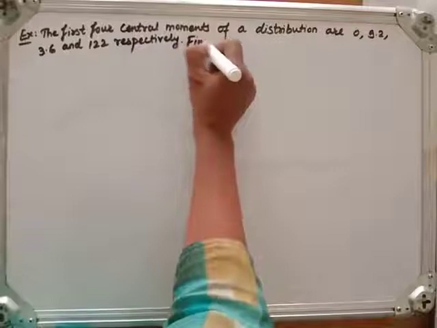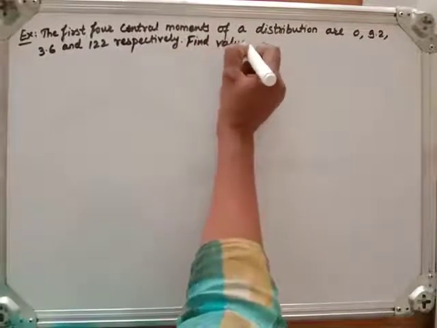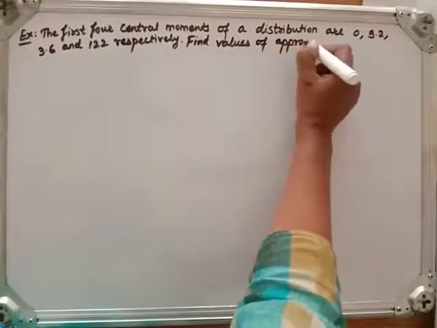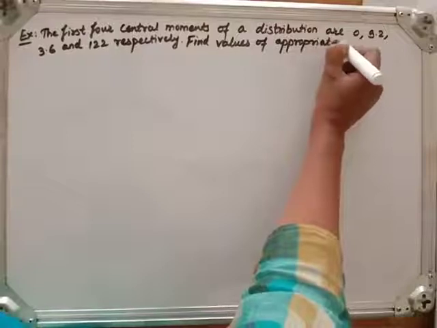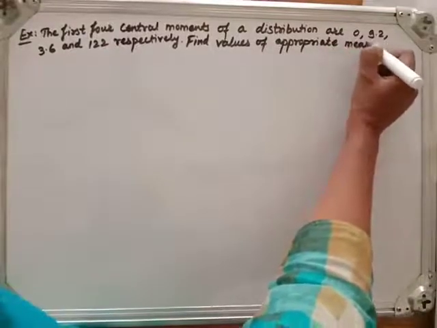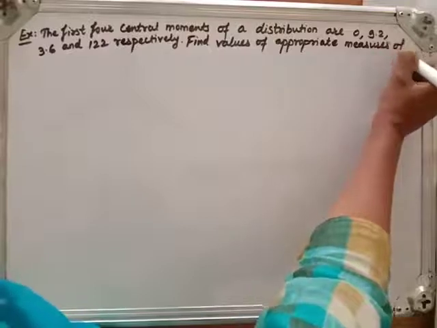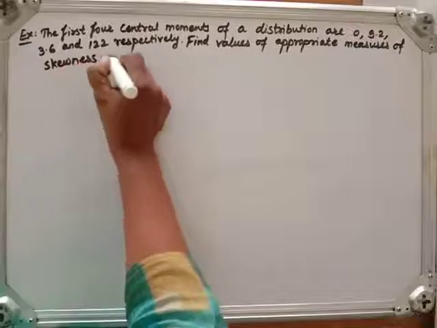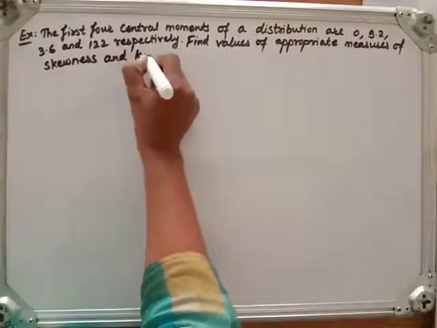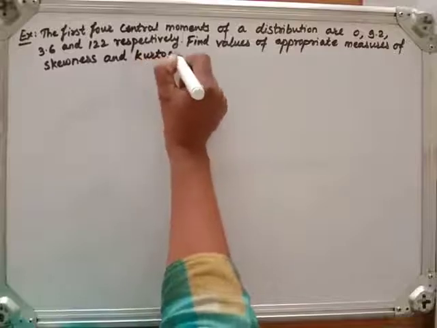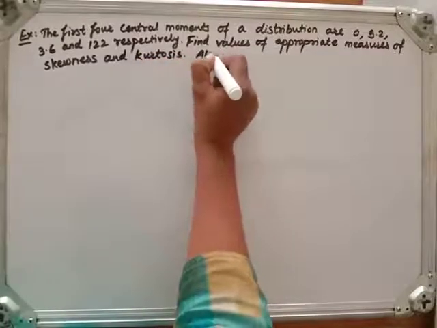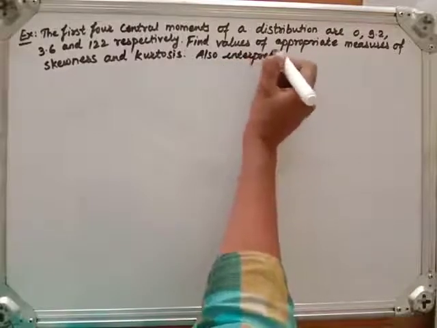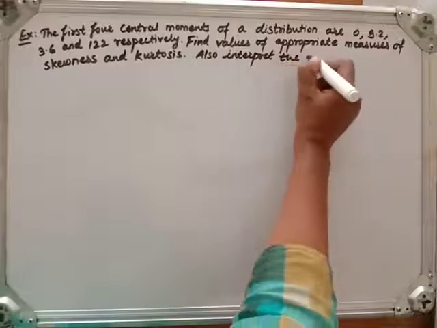Find values of appropriate measures of skewness and kurtosis. Also interpret the results.